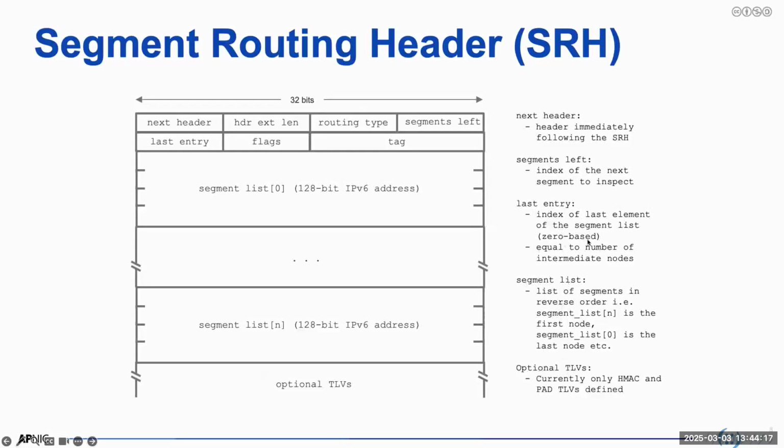The last entry tells us what the next segment is which is going to be executed, and the list itself gives us the total IPv6 addresses we have in the segment routing header. They will start from segment list 0, 1, 2, 3 and go up to n as well.